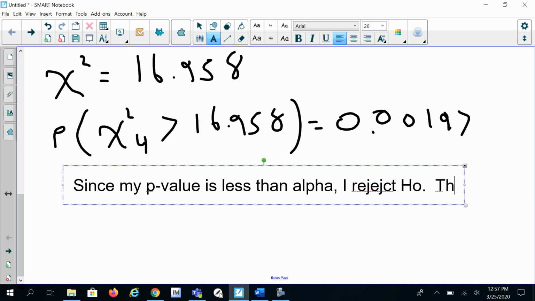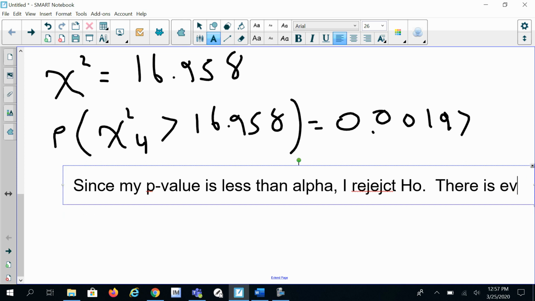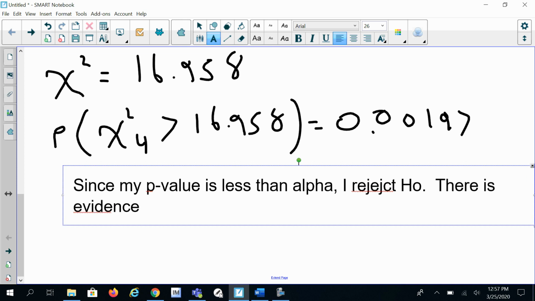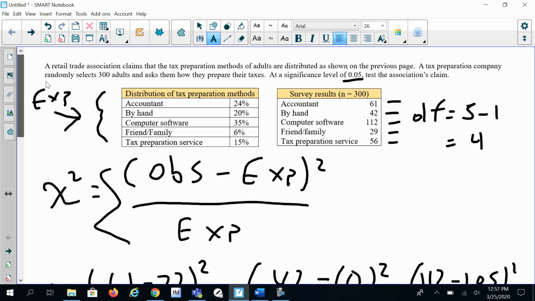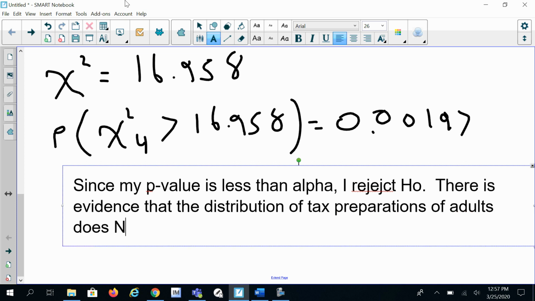Okay, so there is evidence that the distribution of tax preparation methods of adults does not match.